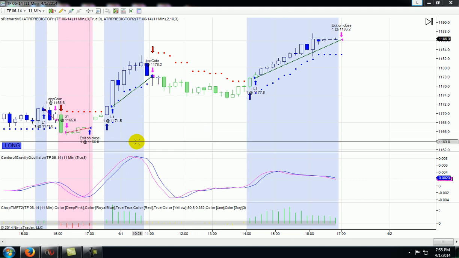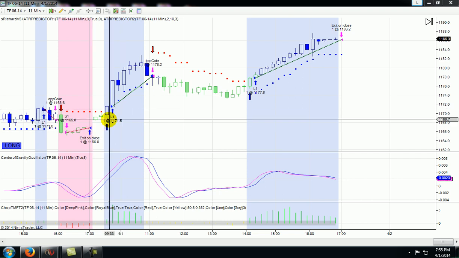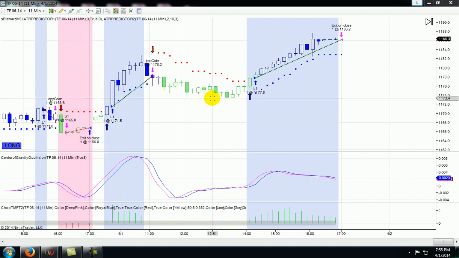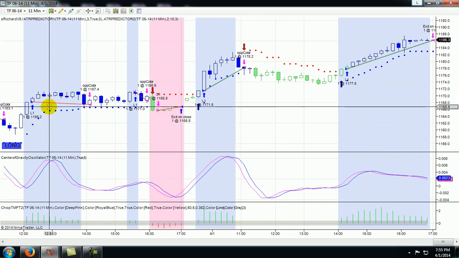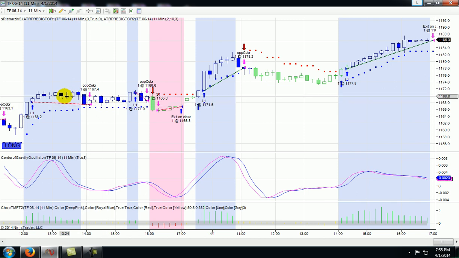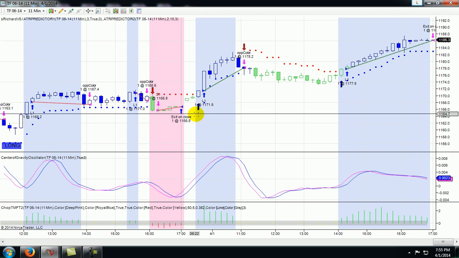As you mentioned in one of your emails, ideally you want this to be able to optimize on its own, and this ATR predictor code that I have can do that, because this can be applied to any instrument, any time frame, without any sort of optimization per se.